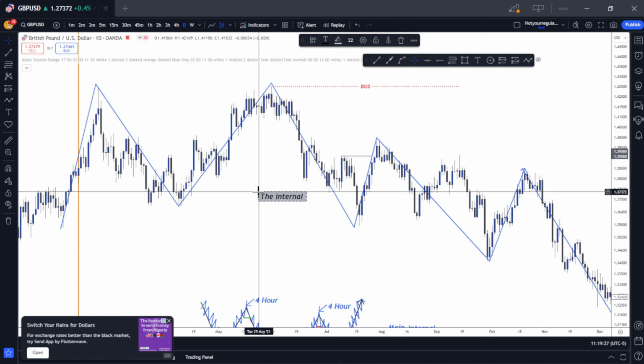The internal structure, or the lower time frame structure, builds the main leg.